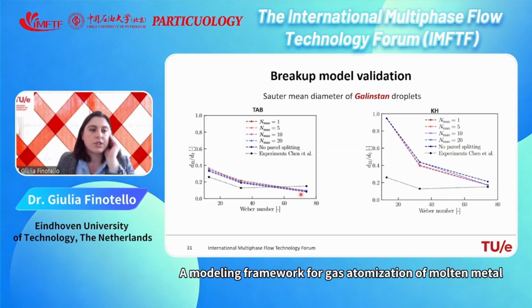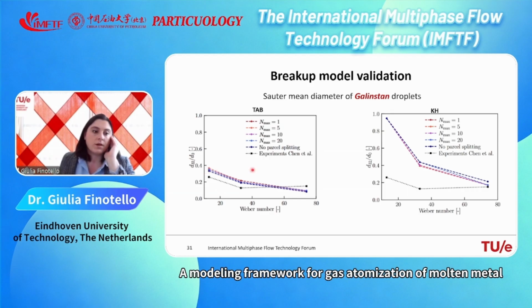For now, it's not important to look at the subsplitting or Nmax. This is just a calculation that we did with the maximum number of droplets that can be in a parcel. But you see that there are no large differences. In general, what I want you to see is that for all the Weber numbers, the TAB model is able to predict quite well the droplets' Sauter mean diameter as in the experiment.